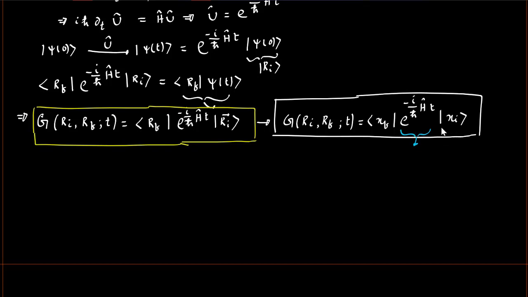Because I can represent these state vectors x i and x f in a matrix form, so I should also write the equivalent matrix form for this exponential term. And then after that, by solving that, we should get our probability amplitude.